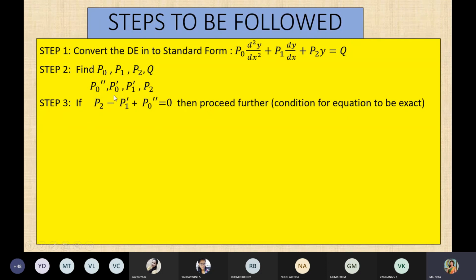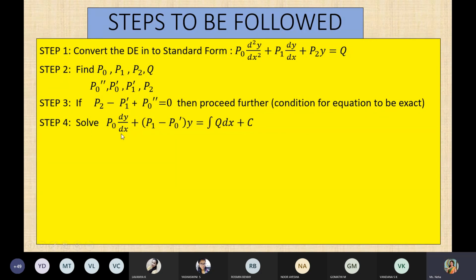The order you have to remember is 2, 1 and 0, and the signs are alternately plus, minus, plus, with first derivative, then second derivative. If your step 3 is equal to 0, then only you can proceed further, otherwise you stop there. You move to step number 4 only if step 3 gives 0 as the answer.